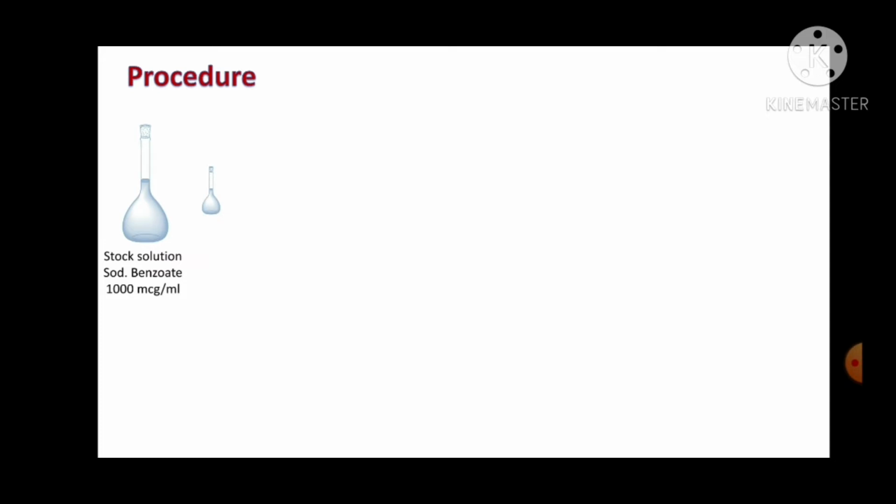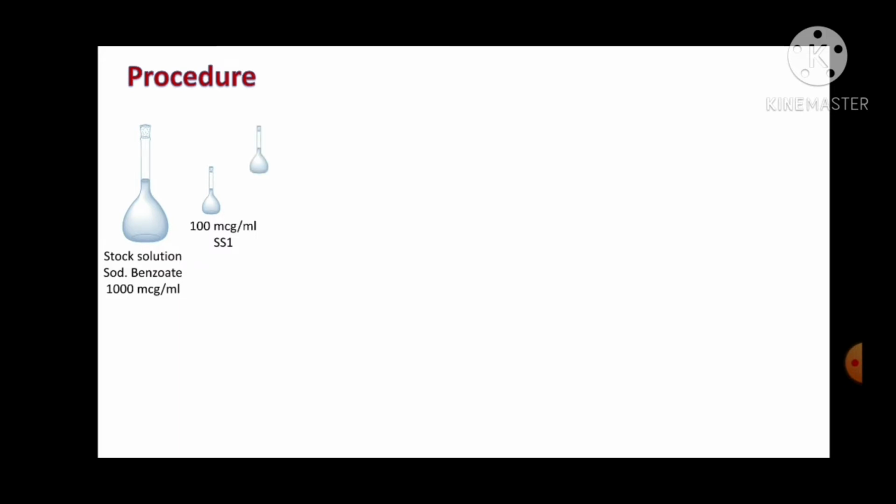That means we are doing a 10 times dilution of 1000 microgram, so it will be 100 microgram per ml in this second dilution. We can refer to it as standard stock solution of sodium benzoate, SS1.